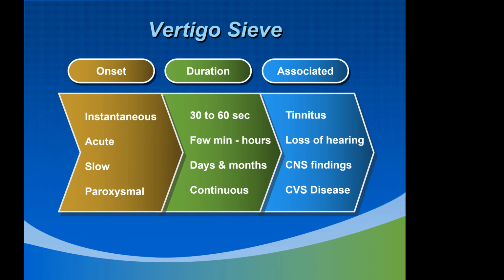There are 3 sieves used. What is the onset? Instantaneous, acute, slow, paroxysmal. Paroxysmal means it comes and goes. Instantaneous, 30 to 60 seconds. Acute, minutes to hours.